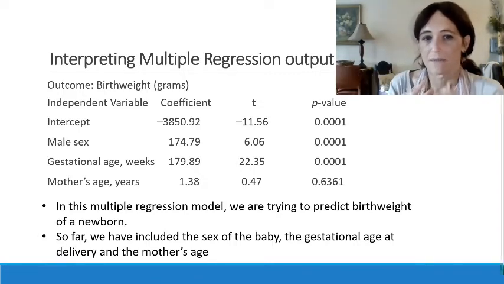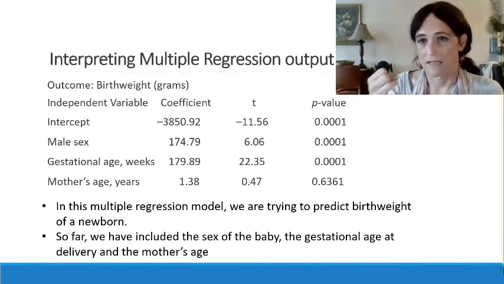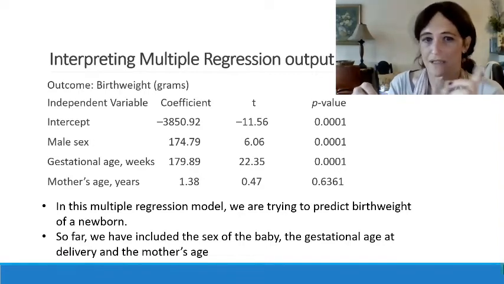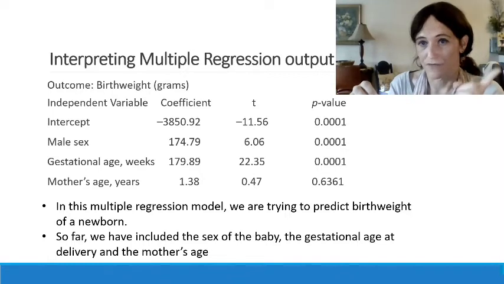Now, it would be tempting to say that male sex and gestational age are equally important. If these were correlation coefficients, that would be kind of reasonable to say. But don't forget, with regression coefficients, these are in the original units. So on the scale of going from 0 to 1, female to male, that's worth 174 grams.